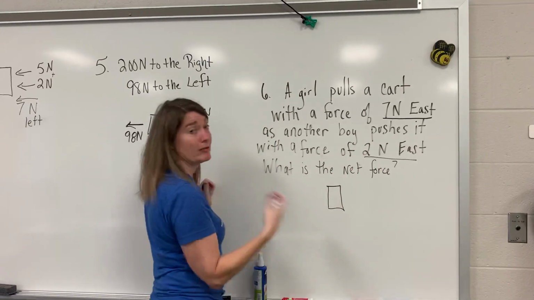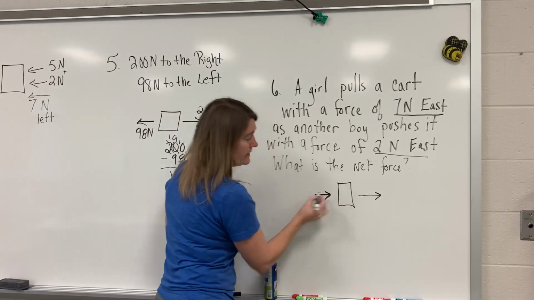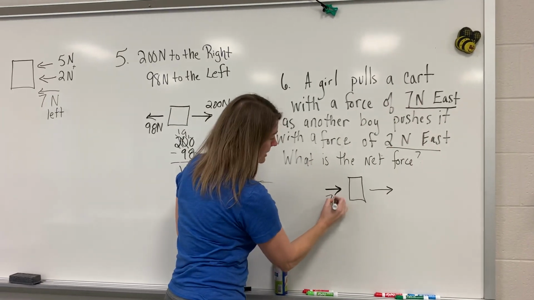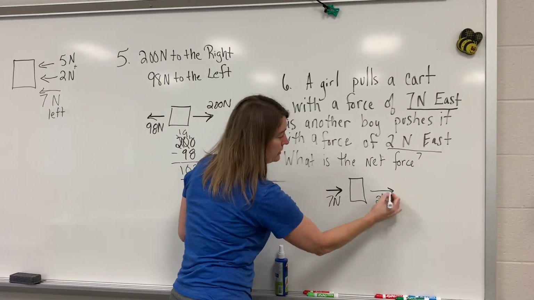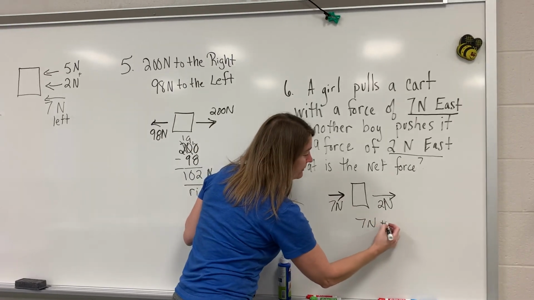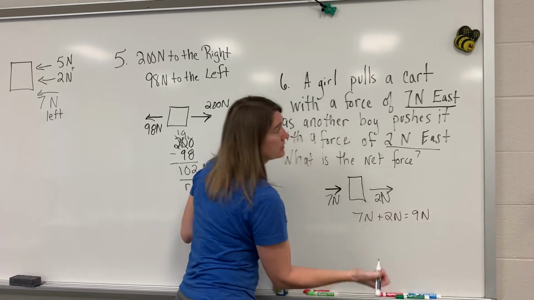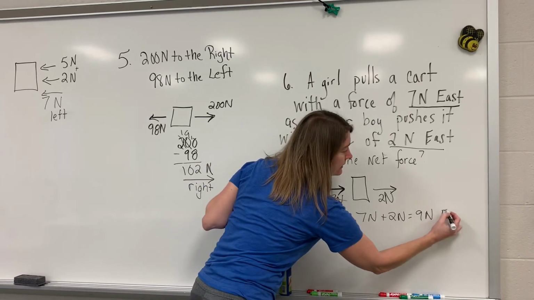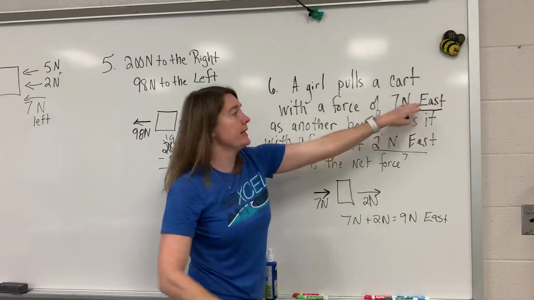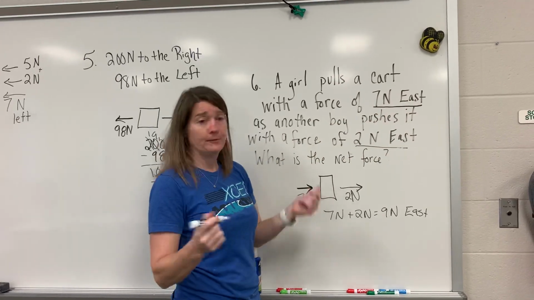So they're both going east. This is 7, this is 2, so they're both going the same way. You just simply add 7 plus 2. That gives you 9 newtons. And that is east, because we just had the same direction. Now, if this said east and west, you would subtract because they're opposite directions.